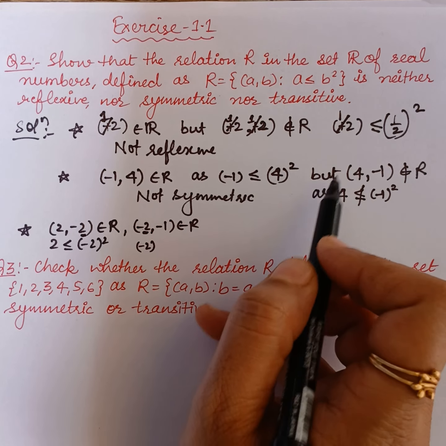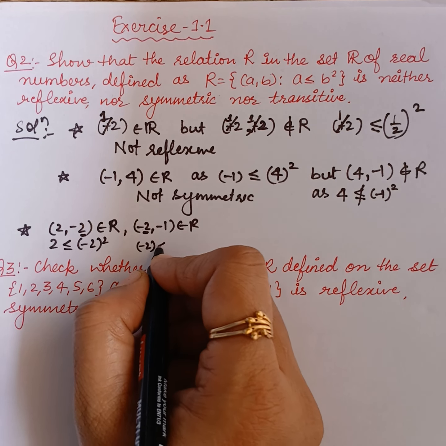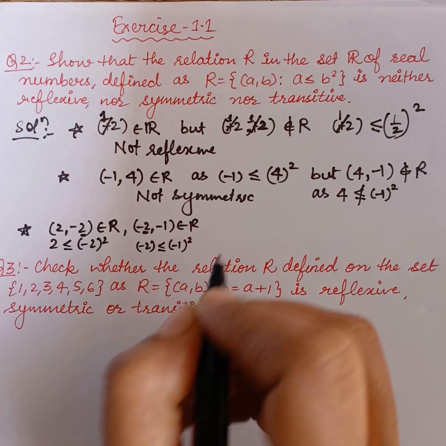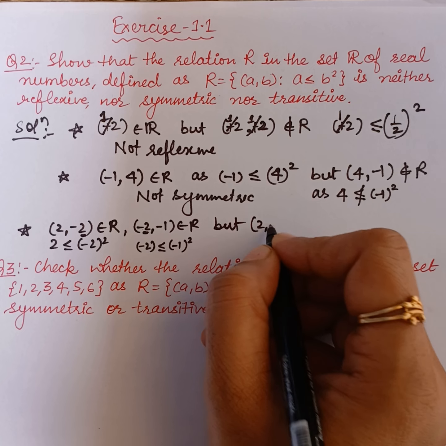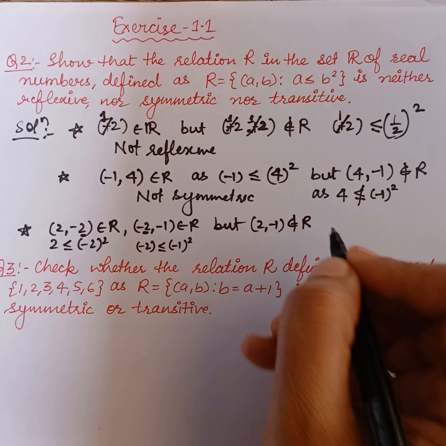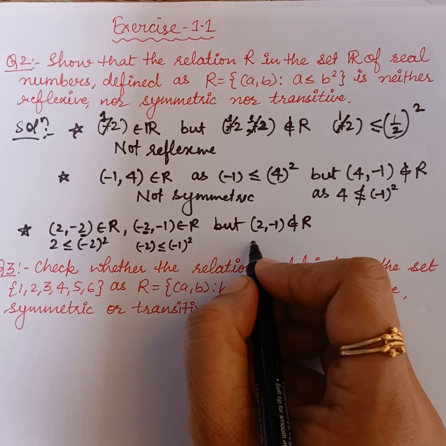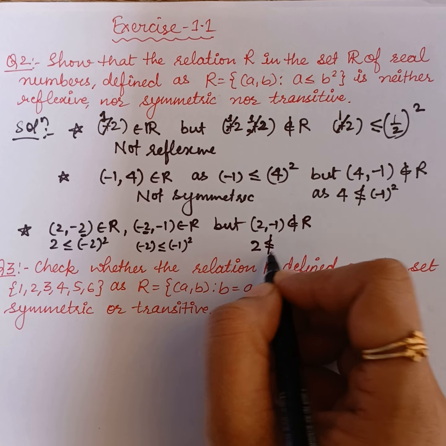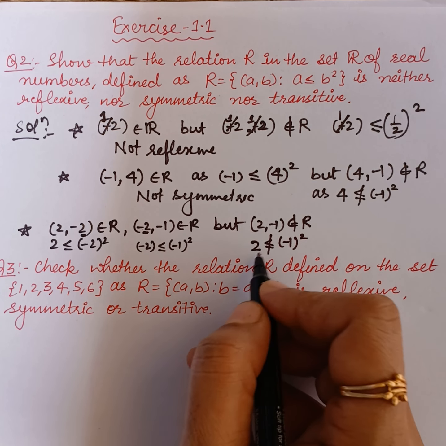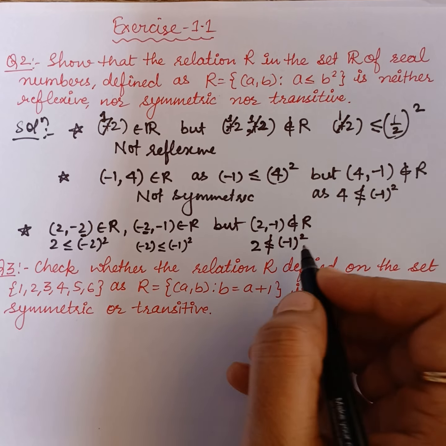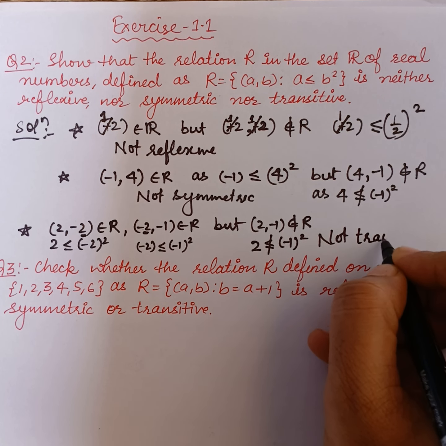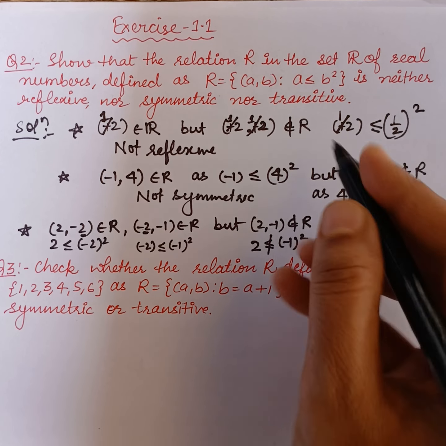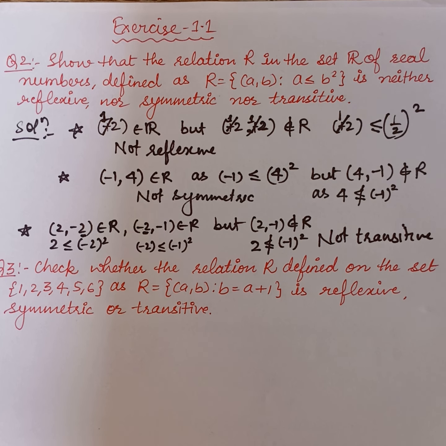Because it satisfies this condition, that -2 is less than or equal to (-1)². But (2, -1) doesn't belong to R. Why? Because 2 is not less than or equal to (-1)², since (-1)² is 1. So it is not transitive. So this relation is neither reflexive, nor symmetric, nor transitive.